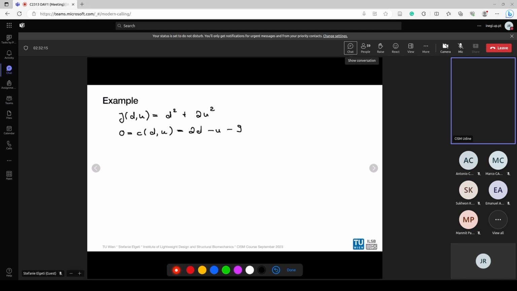Well, since these are scalar variables, we can actually use the equality constraint to express u in terms of d. So for every configuration, or for every value of the decision variable, we can directly compute u.